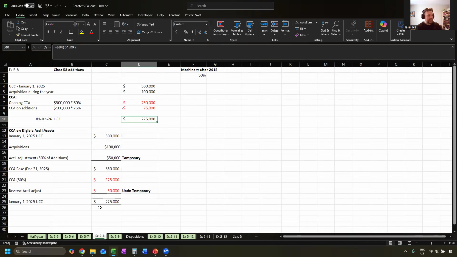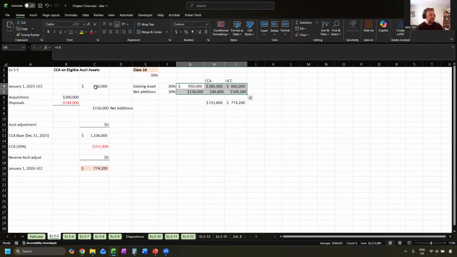Our ending UCC comes out to the same number. For 5, we have both calculations here. Our total ending UCC still matches. Total CCA still matches. So you can use whichever version of this you like, as long as you're able to understand what's happening and use them correctly when we give you questions.